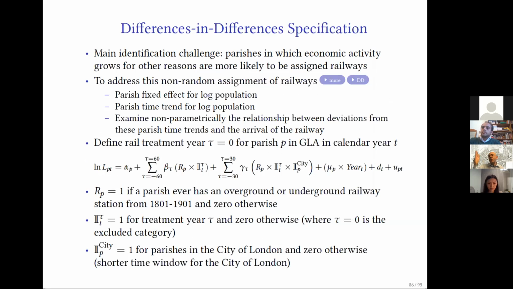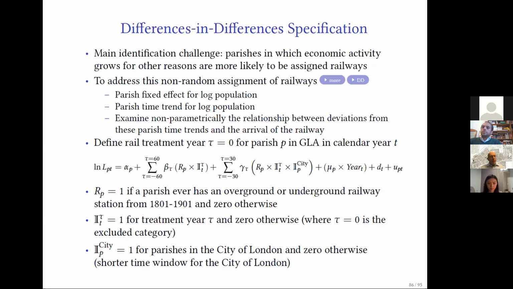And so that allows you to see, leading up to the event, the places that subsequently get treated in the treatment year, do they differ even before the treatment to places that don't ever get a railway station? And then you can also look afterwards and see what happens.